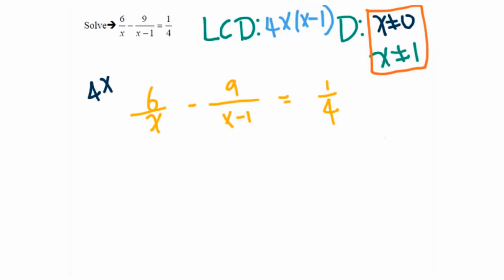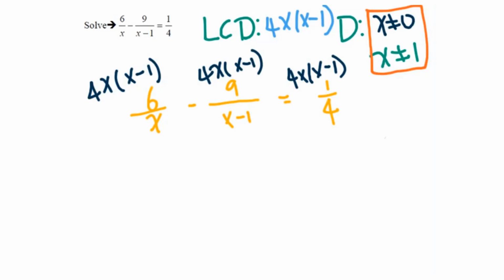LCD is 4x times x minus 1. 4x times x minus 1, 4x times x minus 1. Then reduce, x is gone. x minus 1, x minus 1, 4, 4. Make sure no denominator.